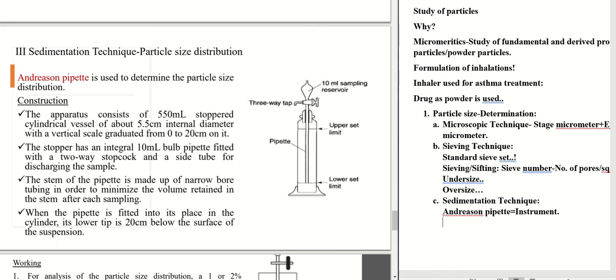What is meant by particle size distribution? Particle size distribution is a mathematical data, a collection of data, which explains the number of particles sharing a specific size range. Just like in optical microscopy, suppose we have 10 micrometer diameter particles.